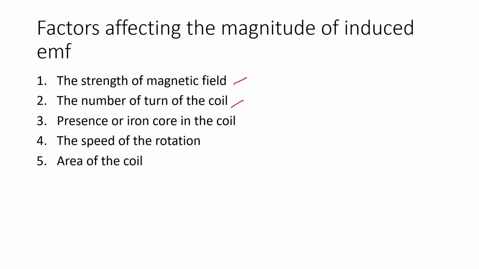Presence of an iron core in the coil: with an iron core, the coil generates a stronger electromagnetic field, and it will increase the magnitude of induced EMF. The speed of rotation: the higher the speed of rotation, the higher the magnitude of induced EMF. And the area of the coil: the smaller the area of the coil, the higher the magnitude of induced EMF.